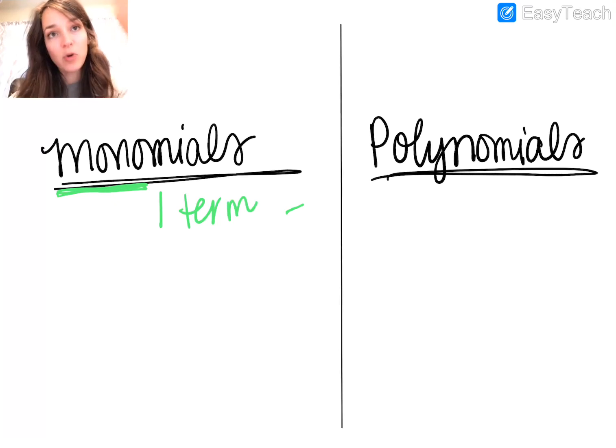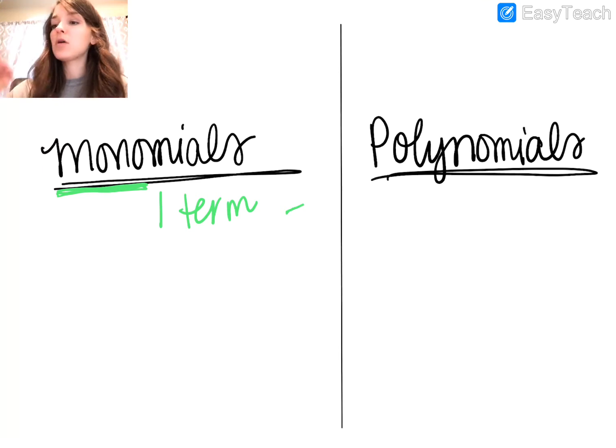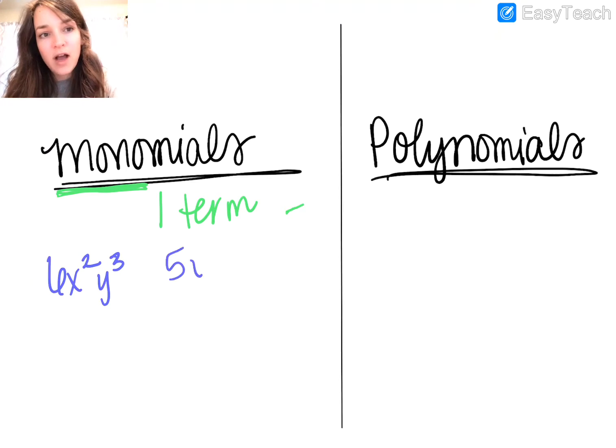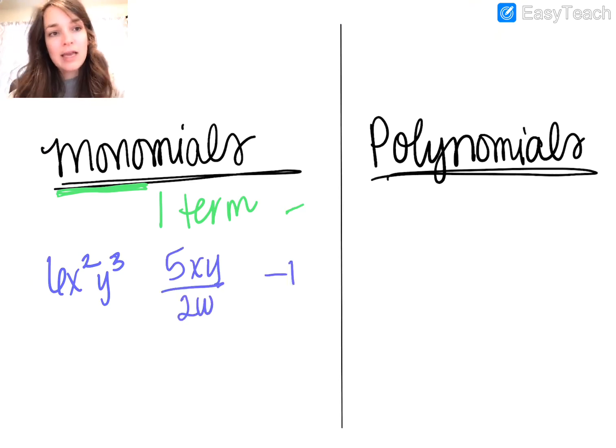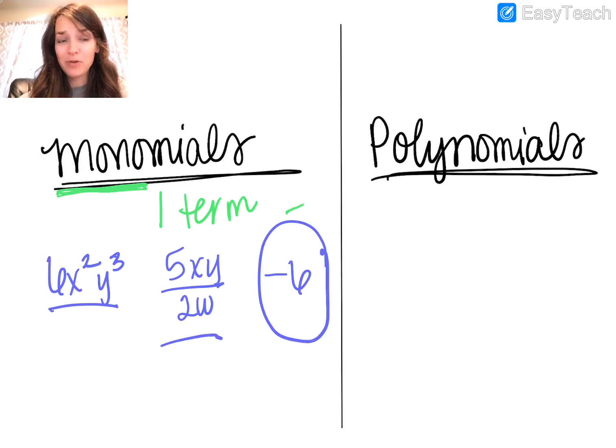Examples of a monomial would look like 6x squared y cubed, 5xy over 2w, and -6. Now, you may be thinking, okay, I'm with you on the -6, but are these really monomials?